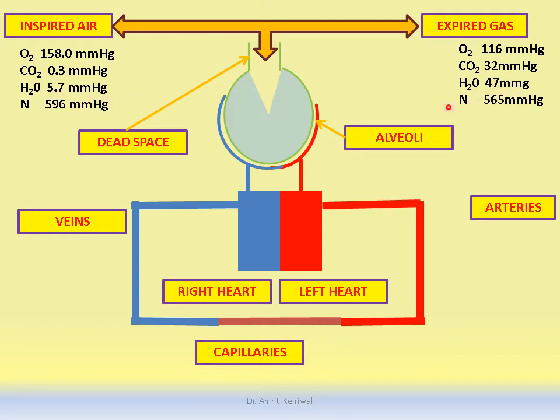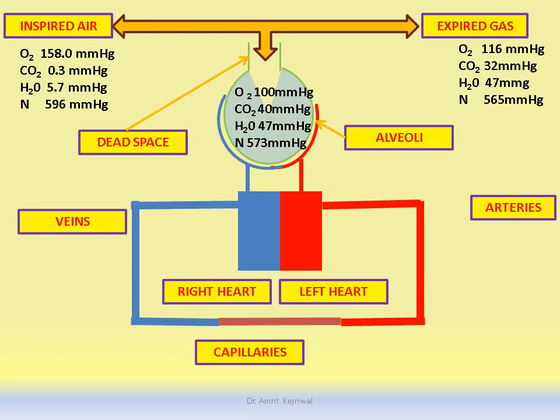Expired air is 47. And nitrogen in the inspired air is 596 and 565. So this oxygen concentration varies from 158 to 116 millimeters of mercury, and this is achieved in the capillaries predominantly. And just let us have a look how the partial pressure of these variables vary throughout the circulation.